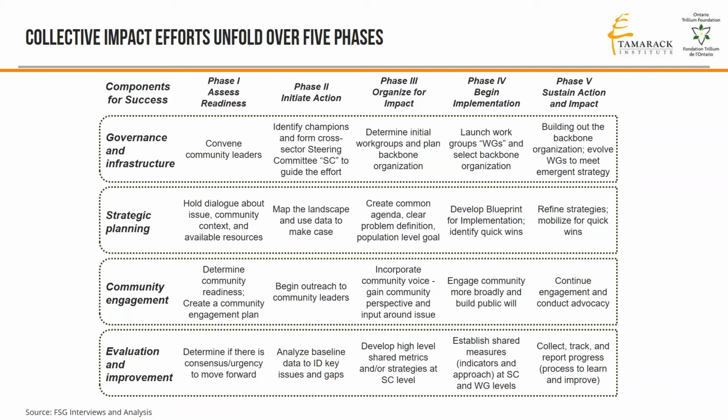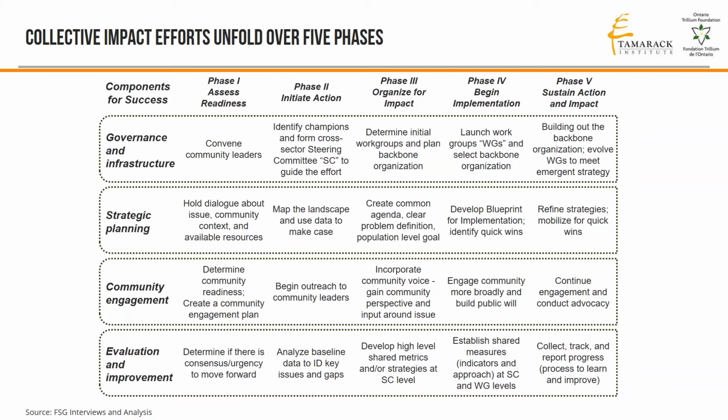It's a little bit more emergent, but a typical collective impact initiative will take about 3 to 5 years to make their way through all of the 5 phases, right? So it really depends. We've certainly seen collective impact initiatives get through phase 1 quite quickly if they have good cohesion in their community already.